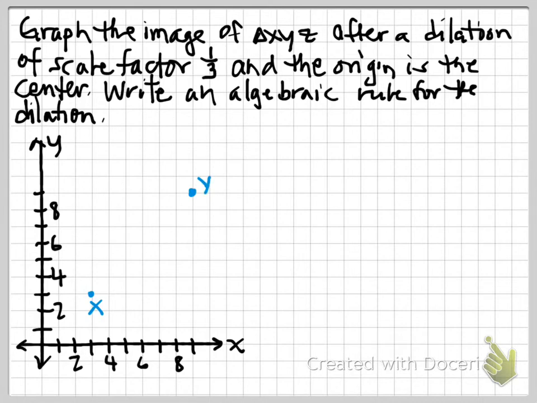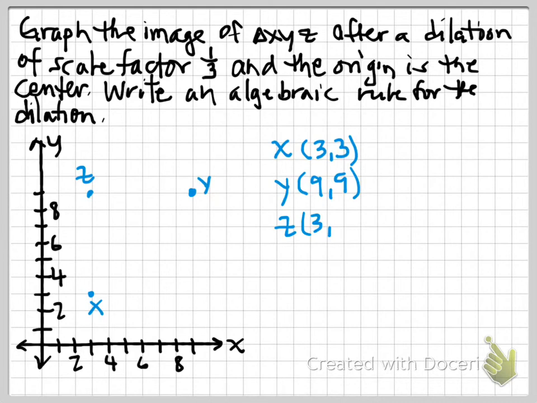So I'm going to put over here, X is at 3, 3. Y is at 9, 9. And we're going to put Z at 3, 9. So this is our pre-image.